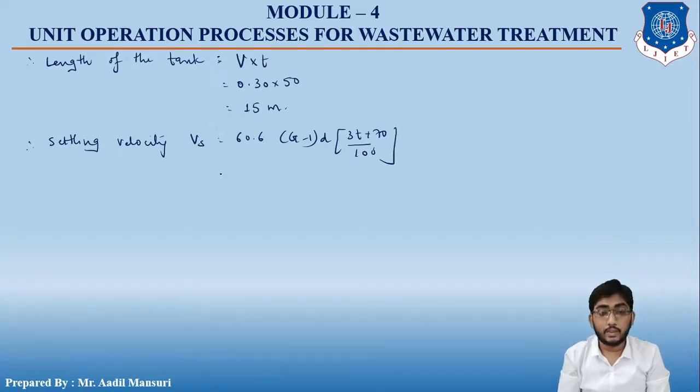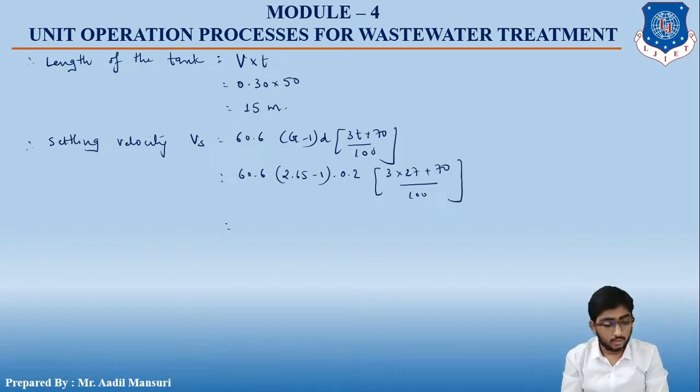So this is the equation, fine. So here 60.6 into G, G is specific gravity, right? The diameter 0.2, right? T is temperature 27, plus 70 upon 100, right?